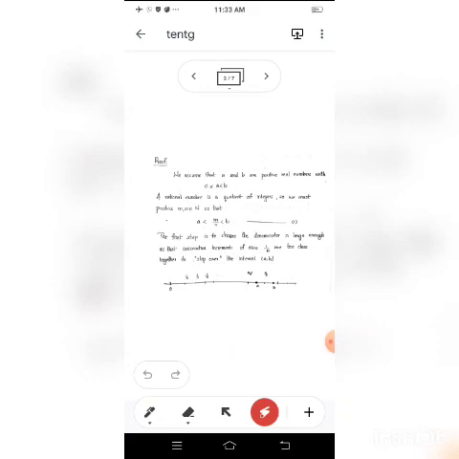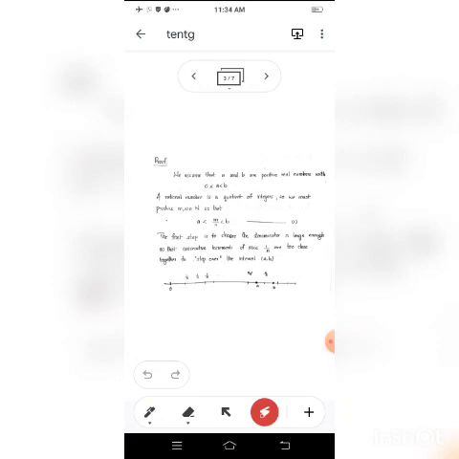So here we take m and n as natural numbers, and r is equal to m by n, where n will never be 0. So we have to prove a less than m by n less than b.